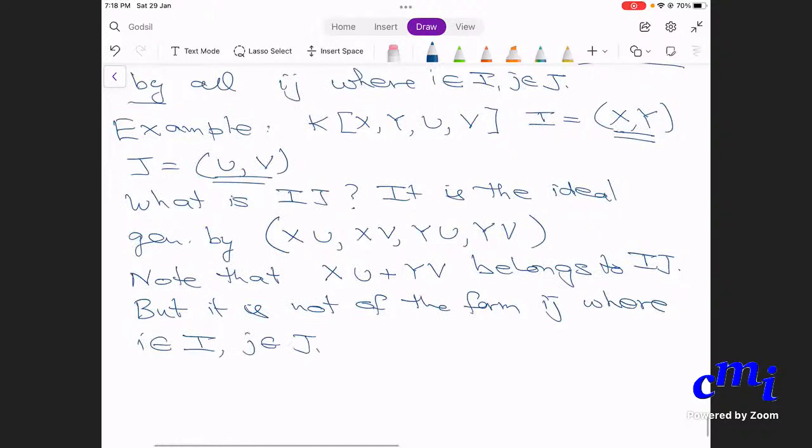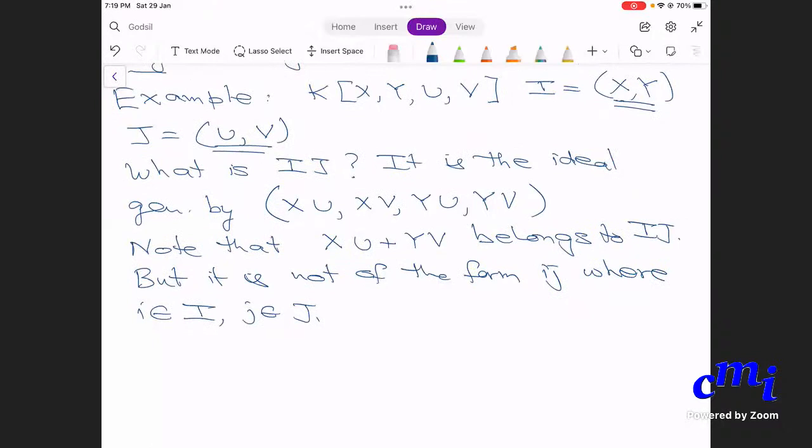So this is one thing about the product. When you're working with the product, you have to remember that it's not just the collection of all ij's. That is not the ideal IJ. It's the ideal generated by that set of all ij's, which is different from the way sum is. So let me make this small claim.